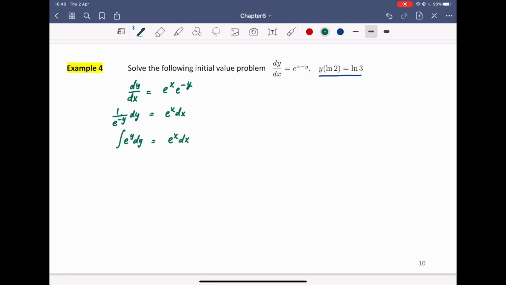Then I integrate on both sides, so I get e to the y equal to e to the x plus c. If I simplify a little bit, I get y equal to log of e to the x plus c. This is our general solution.